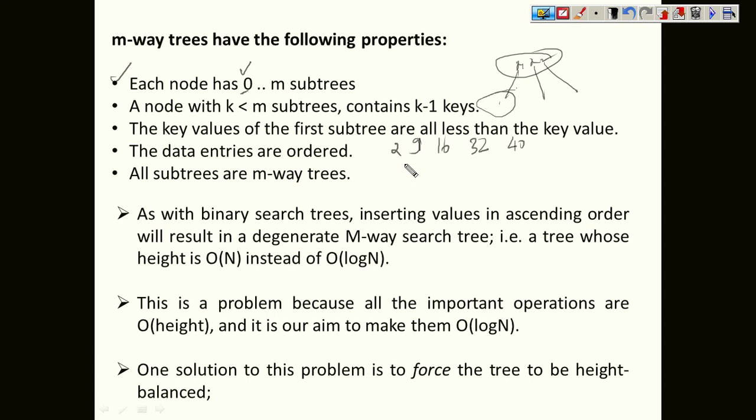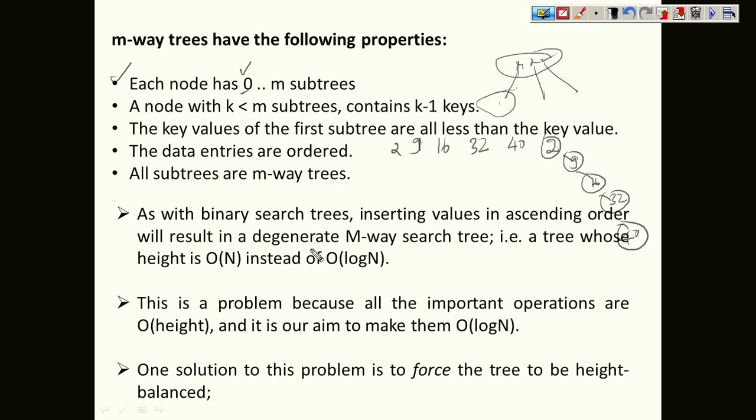If I construct a binary search tree out of these key values, the tree will go like this: 2, 9, 16, 32 and 40. You can observe here that binary search trees are not necessarily balanced. They may extend towards one direction, so they may become degenerate.